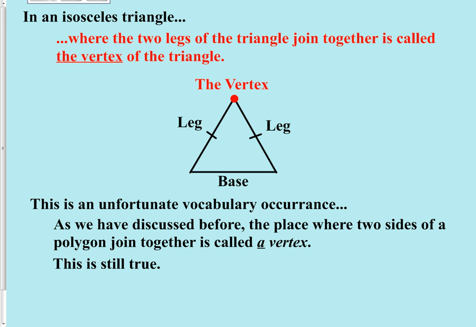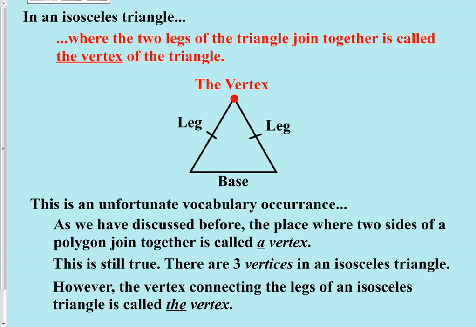This definition does not override that the corner points on your triangle are a vertex, and another vertex, and another vertex. So there are three vertices in an isosceles triangle. However, the one vertex that is connecting the legs of your isosceles triangle is referred to as the vertex of the triangle. It's extremely unfortunate that they named it the way that they did, but this is what they've got. Why it was never changed, I really cannot say.